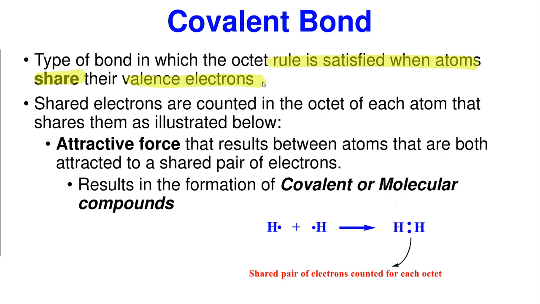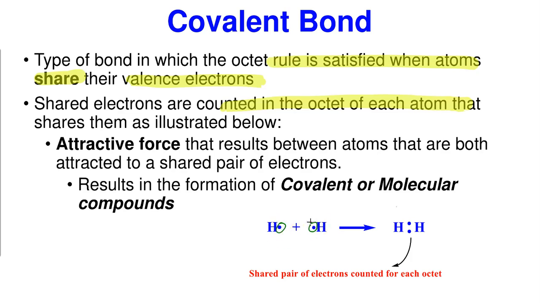So these two atoms come together to share their valence electrons, and in doing so, each of them fulfills its octet rule. The shared electrons are counted for the octet of each atom that shares them, as I'm going to show you below. This is the Lewis structure of hydrogen. Because hydrogen has only one proton and one electron, the neutral hydrogen has one electron in its outer shell, and another one here.